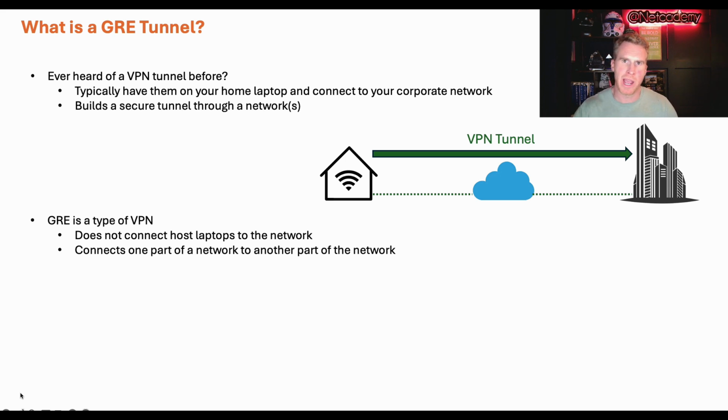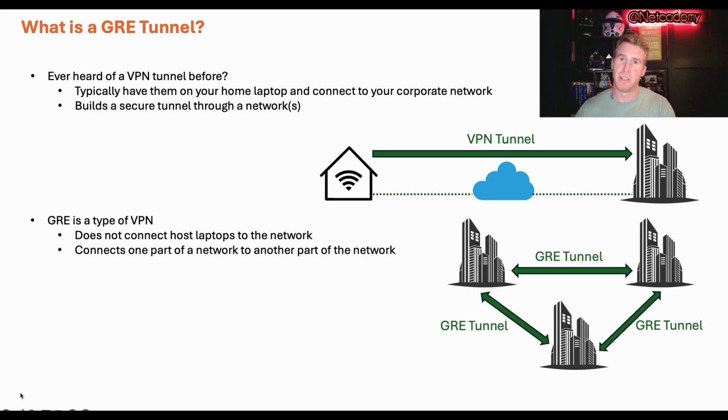So when you've got your WAN routers, routers sitting on the SD-WAN maybe, or some kind of networking device, a firewall appliance, a multi-layer switch, a router, that can form a GRE tunnel to another networking device. It's not from a client, i.e. a laptop, to a branch location. It's quite literally from one branch to another branch, and from that branch to another branch. It's GRE tunnels connecting all of these sites together.